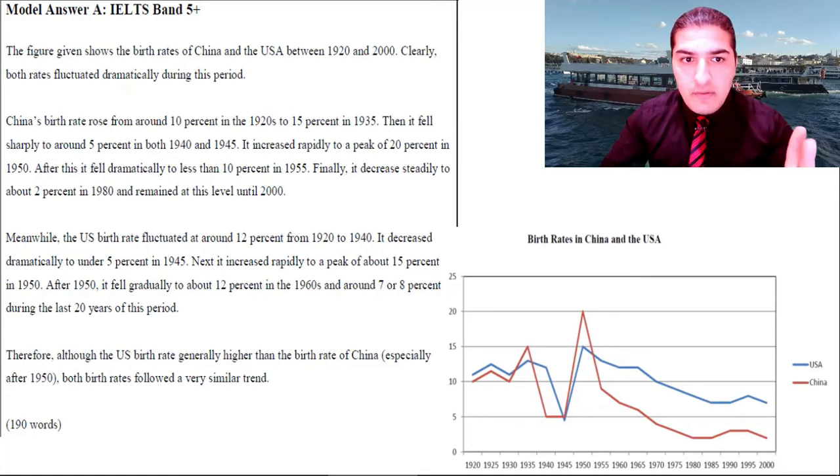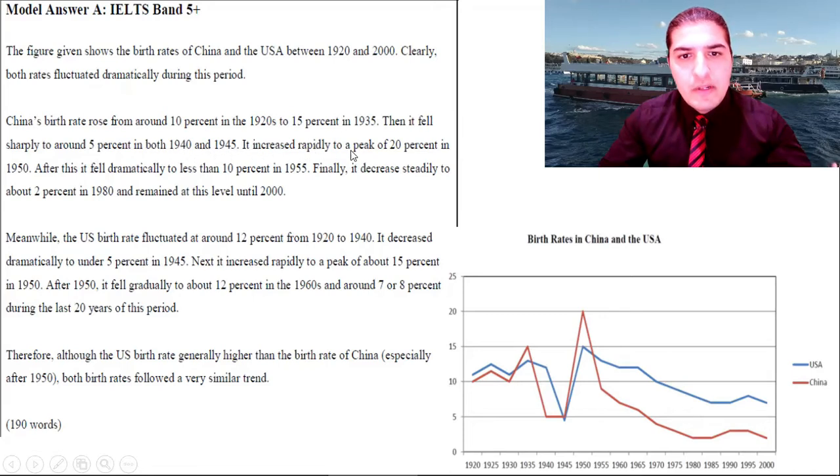And the wording, when I see the wording is too simple, the wording has to be more advanced. China's birth rate rose from 10% in the 1920s to 15%, I guess talking about here, in 1935. Then it fell sharply to around 5% in both 1940 and 1945.